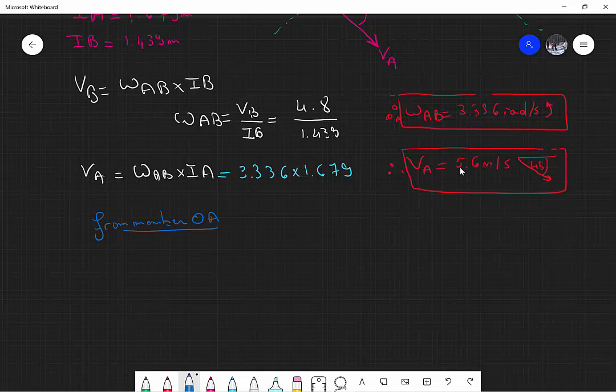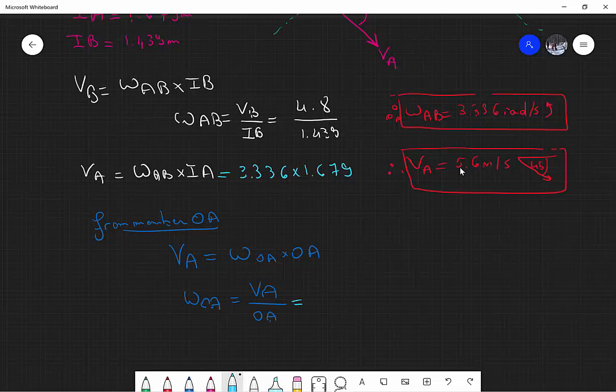We have previously calculated that the VA equals omega OA times OA, and now we can find that the omega OA equals the VA over the length of OA.